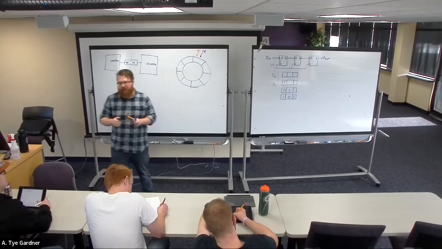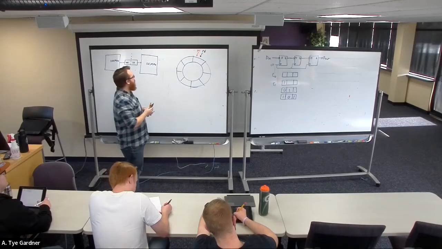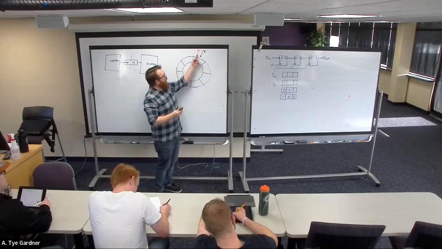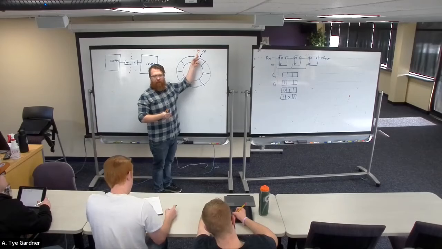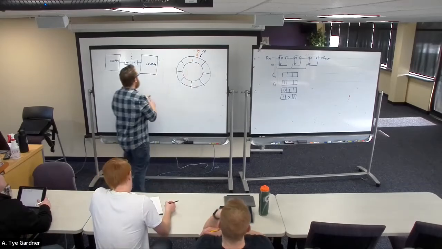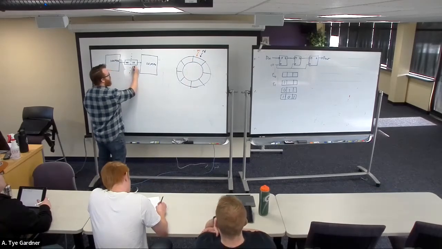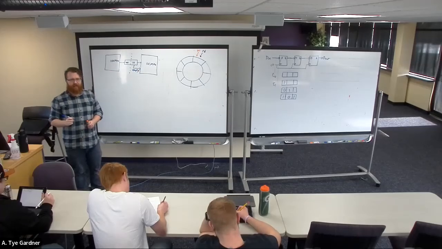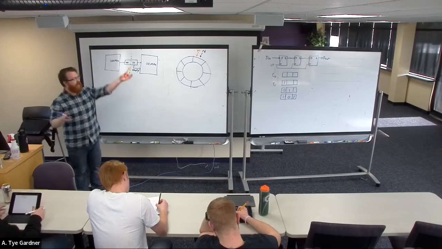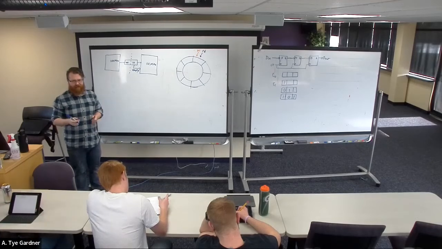So we have some basic logic that says if the read location and write location are the same, then we output a signal, and we're going to call that empty, because if they're the same spot, it's empty.